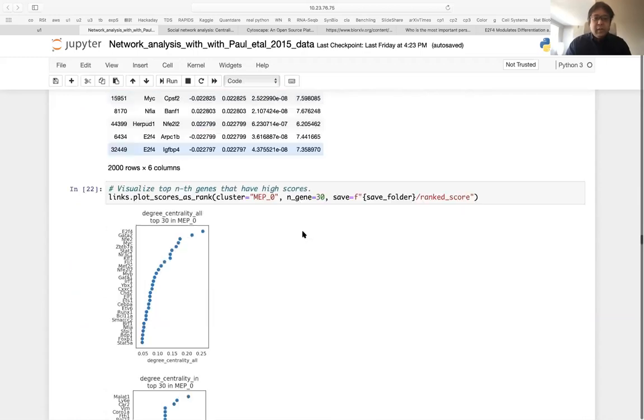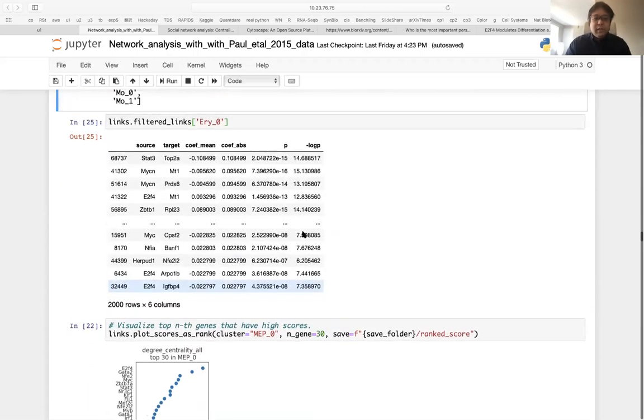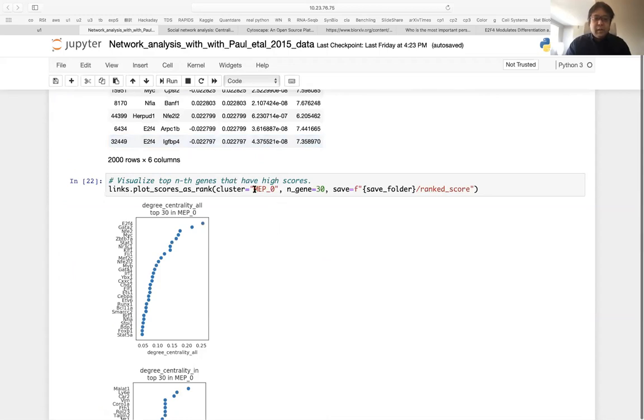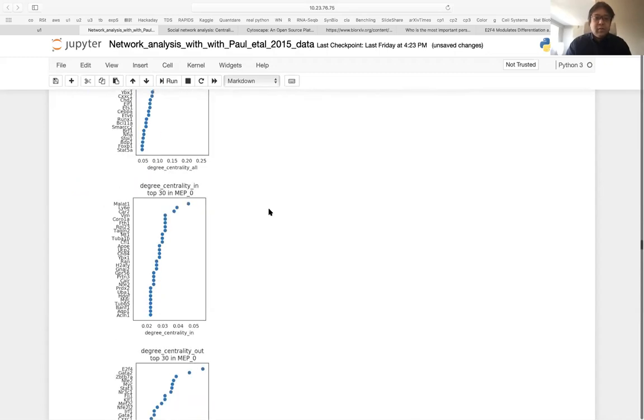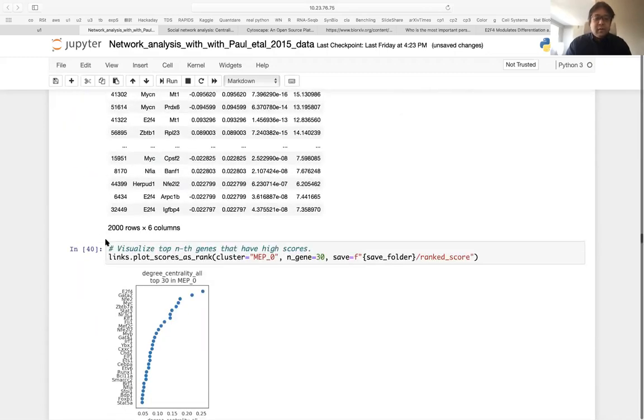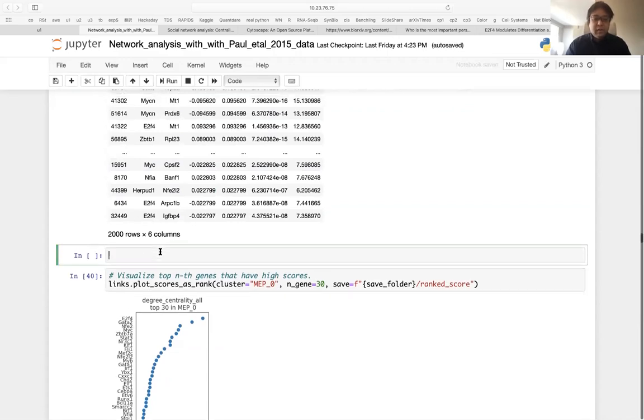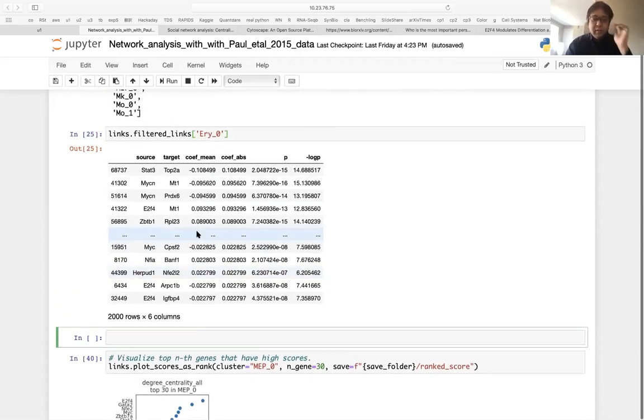So in CellOracle, if you want to focus on this cluster, you can set it like this, and you can visualize the network score like this. In CellOracle, we calculated many network scores because it's really useful to use the network scores.